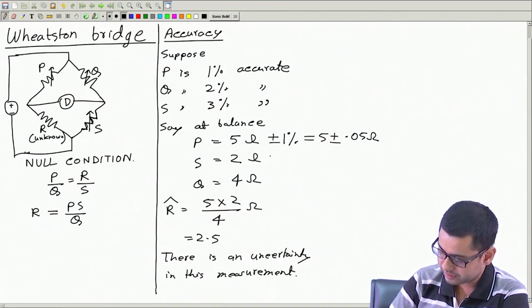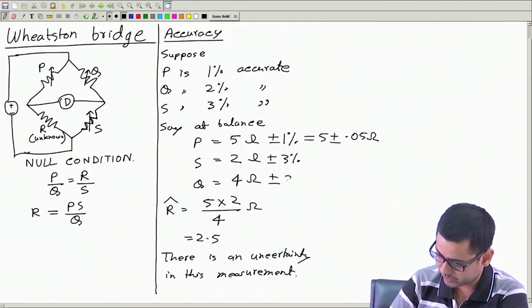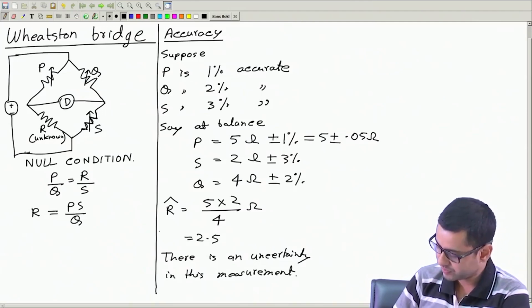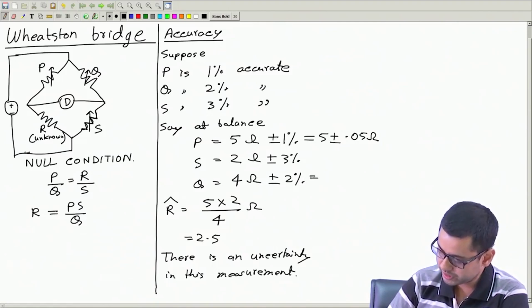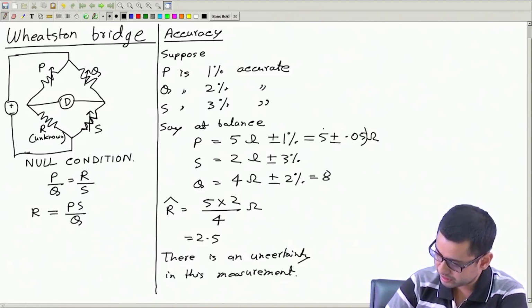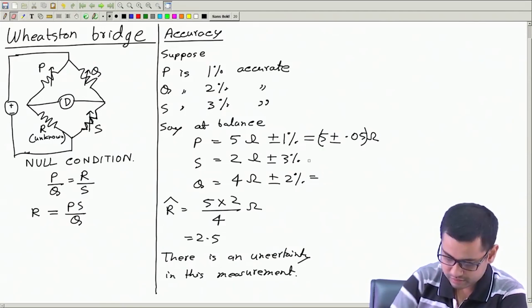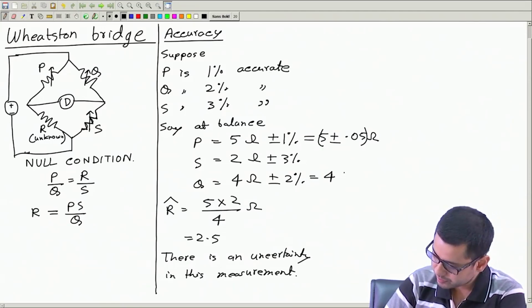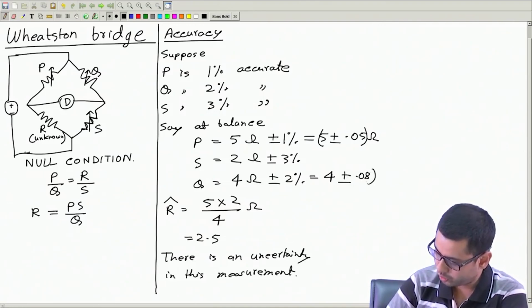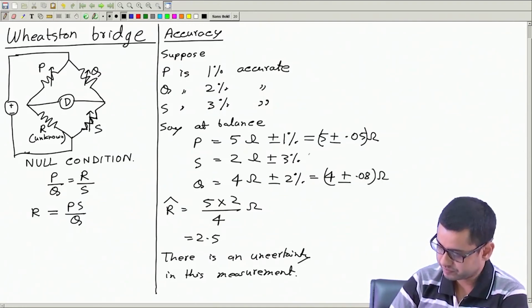Similarly, S is 3% accurate, and Q is 2% accurate. So, they have a range. Similarly, Q is 4 plus minus 0.08 ohm and so on.